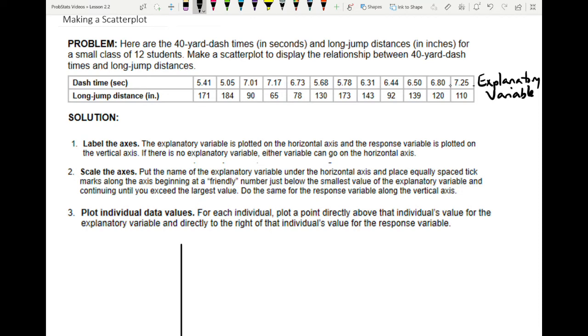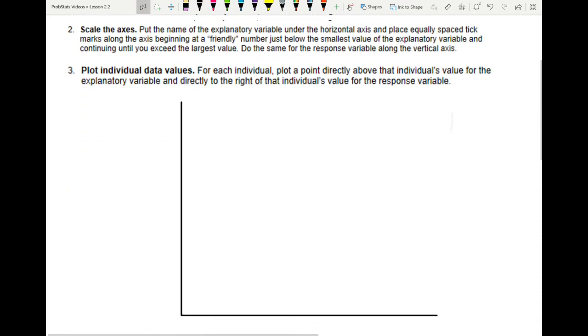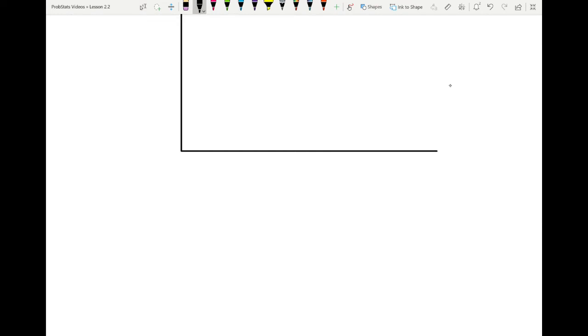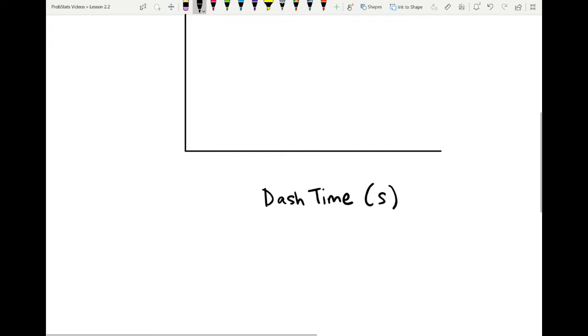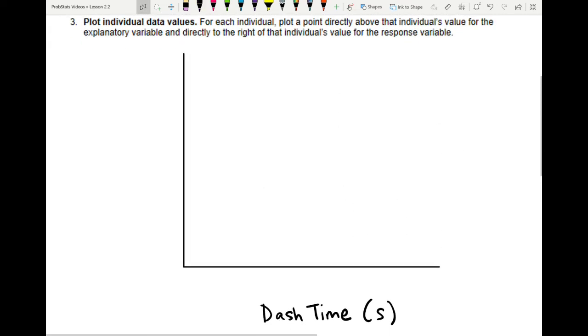So that's the explanatory variable on the top row. So we're going to have dash time here in seconds, and then we're going to have long jump distance on the y-axis, and this is going to be in inches.